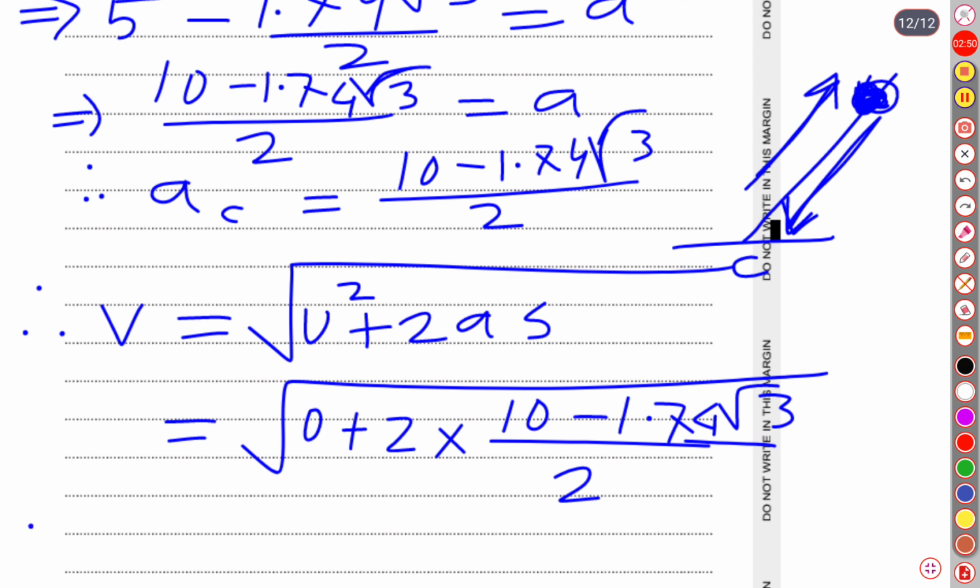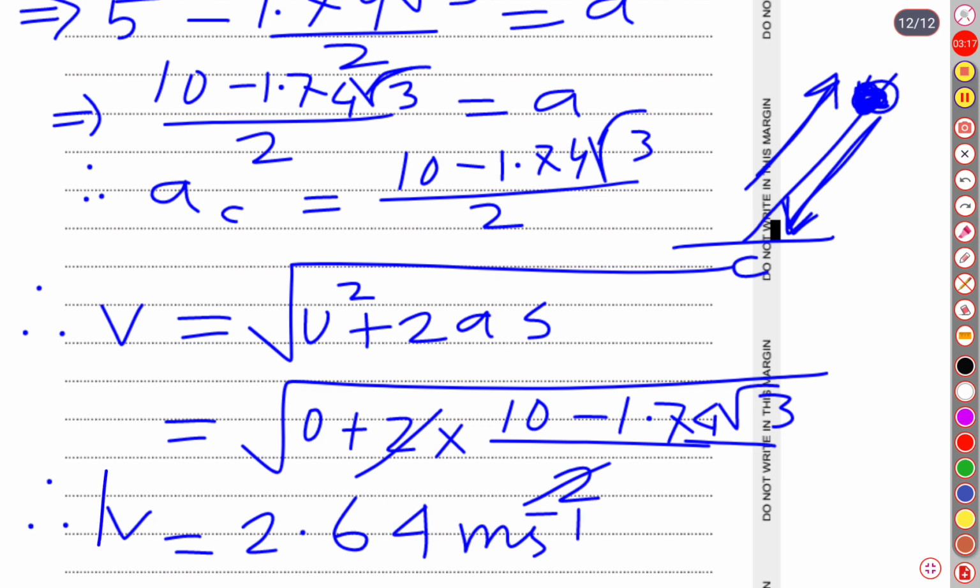Then if we calculate our velocity, this 2 can cancel this, so square root of (10 minus 1.74 root over 3). My calculator shows it's 2.64 something. So if we round it up, it is going to be 2.64 meter per second.